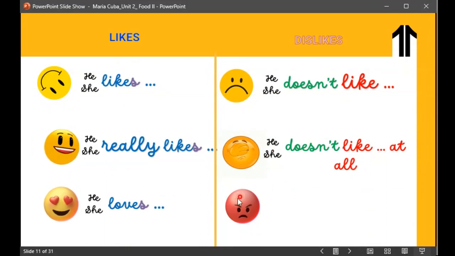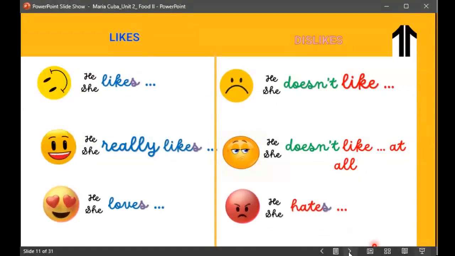Or do you remember what verb is represented here by this emoticon? Yes. So we are going to say he or she hates. Hates. Don't forget to modify the verb with he or she.